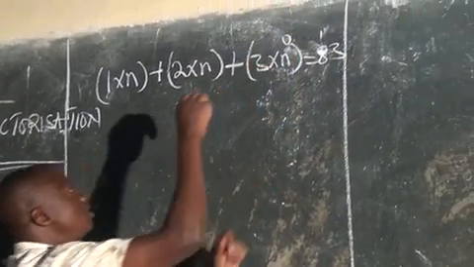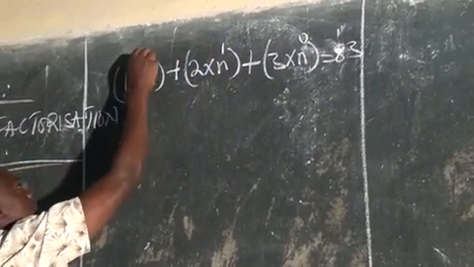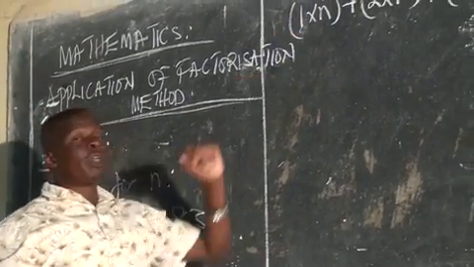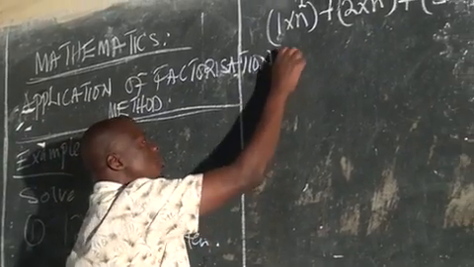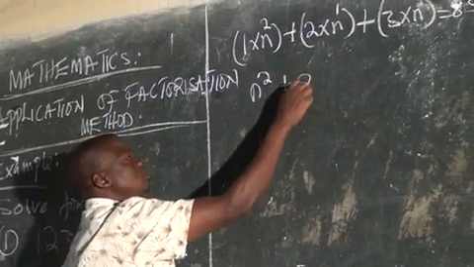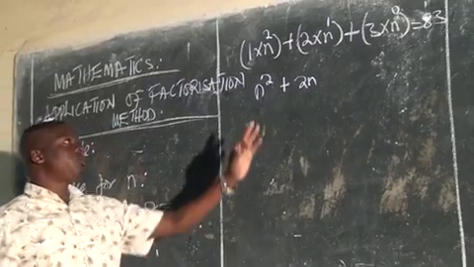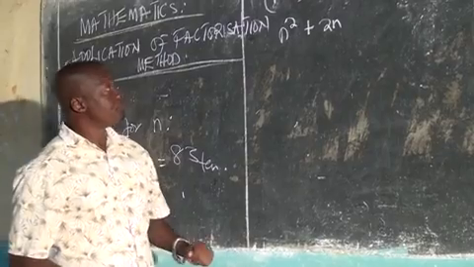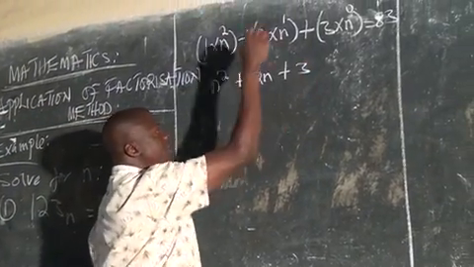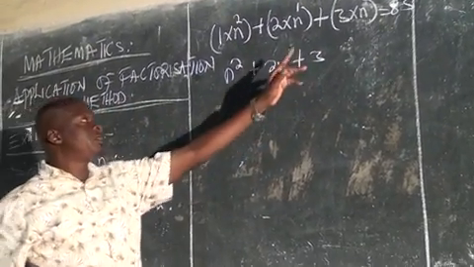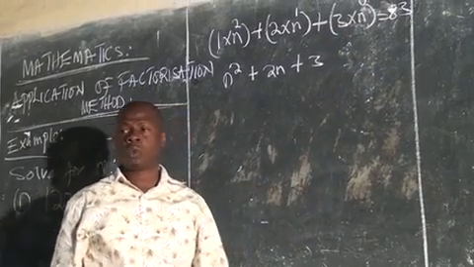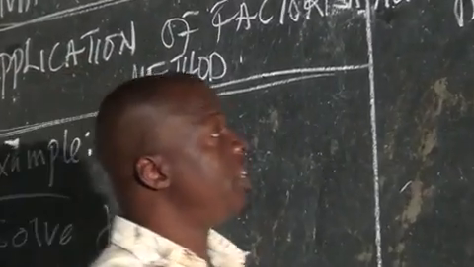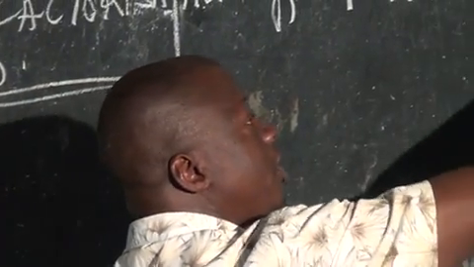Start off with a 0, then 1, then here we have 2. 1 times n squared gives n squared, plus 2n, because n to power 1 is the same as n, plus 3. Remember, any number to power 0 is the same as 1. So we have multiplied the 3 by 1, which gives 3. So here we have 83.